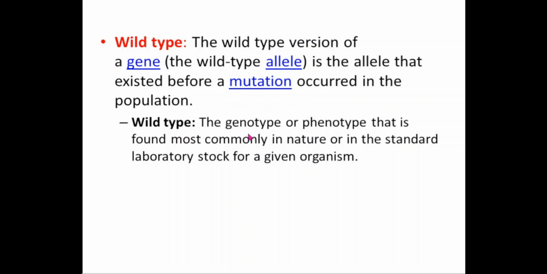Wild type is, in other words, the genotype or phenotype that is found most commonly in nature. It exists in nature before it changes to another form, or in the standard laboratory stock for a given organism.